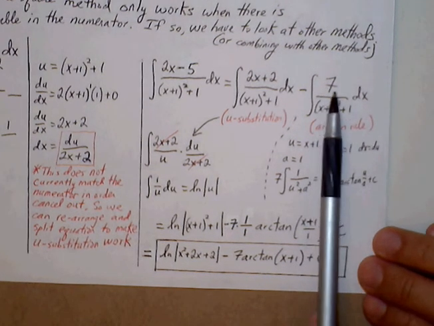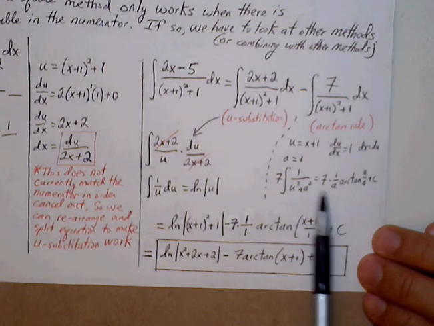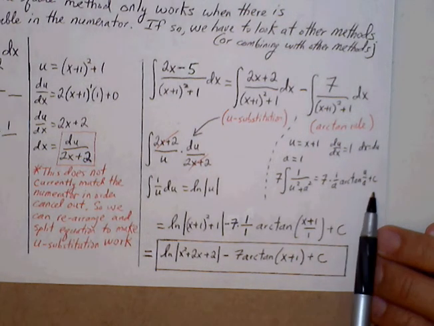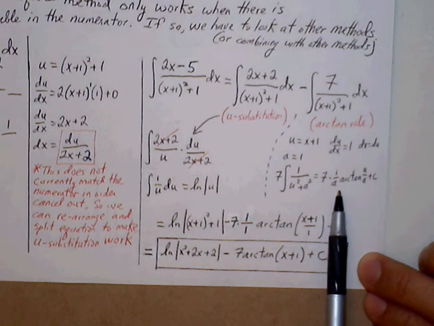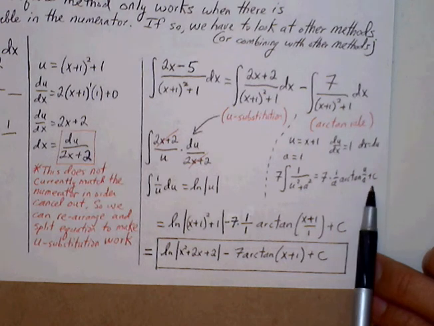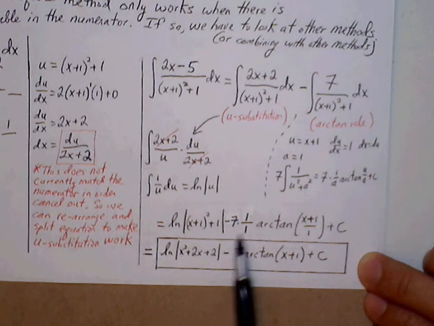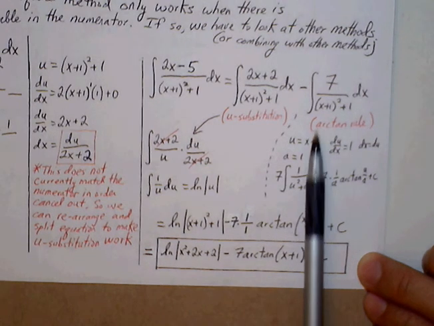We can take the 7 out in front. The rule is 1 over a, arctangent of u over a, plus c. So 7 times 1 over 1, arctangent of u, and the u value is x plus 1 over 1. So we have this expression representing the antiderivative for our integral here.